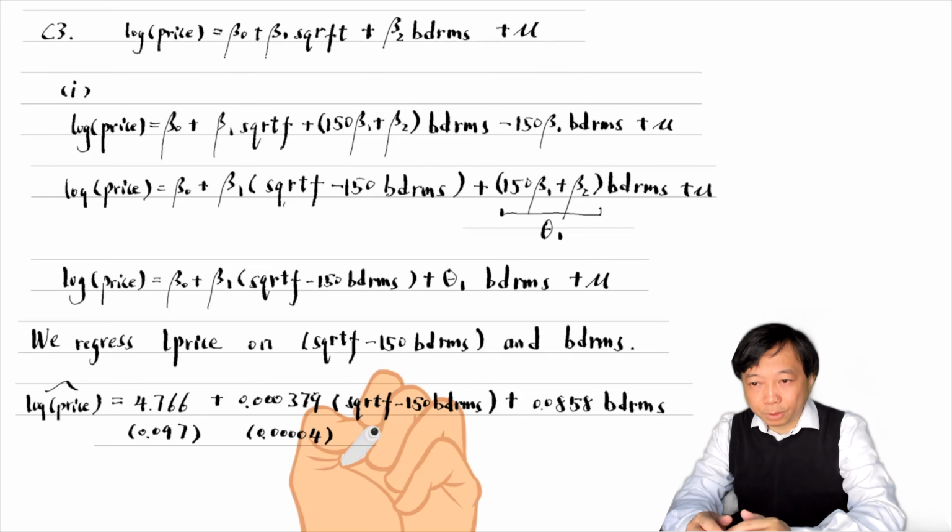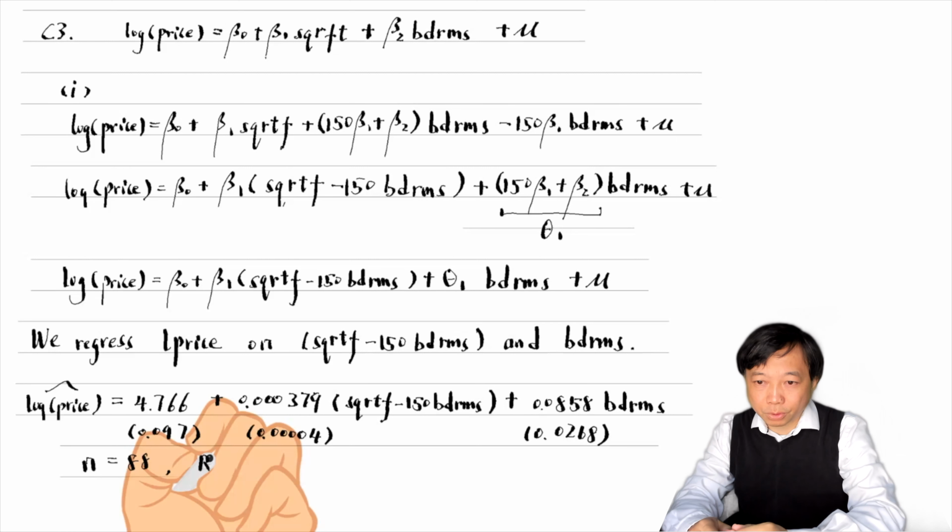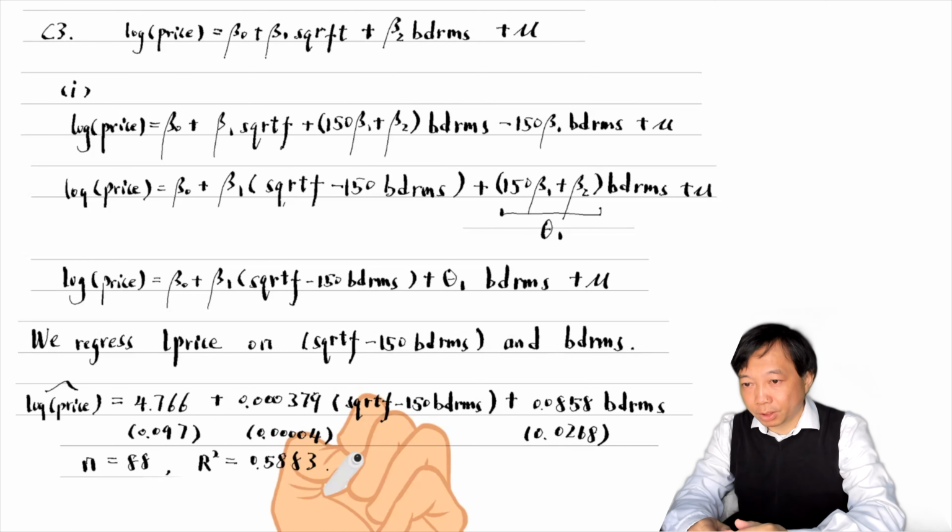When a 150 square foot bedroom is added to the house, the price is estimated to increase by 8.58% on average. The p-value against the two-sided alternative is tiny, 0.002. It is statistically significant at the 1% level.